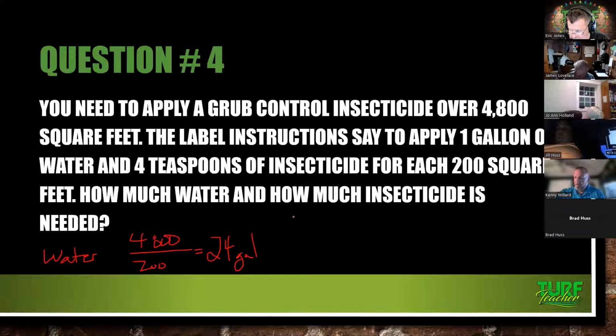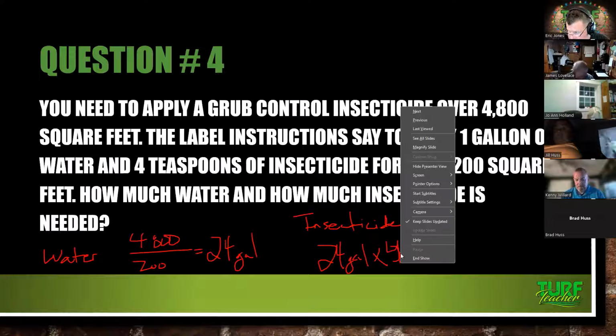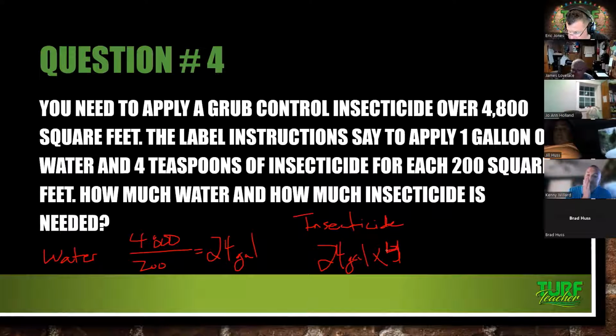So for our product, the insecticide, we have 24 gallons that we're using, and we need 4 teaspoons for each 200 square feet. 24 times 4 gives us 96 teaspoons.